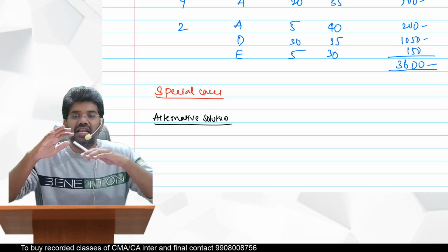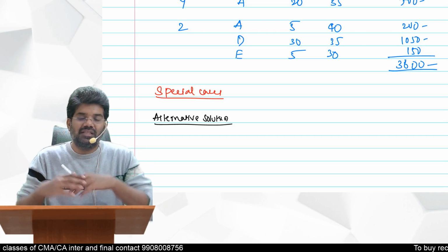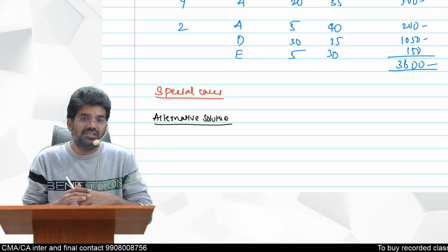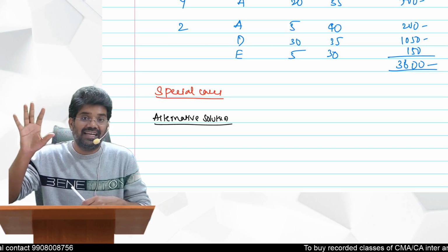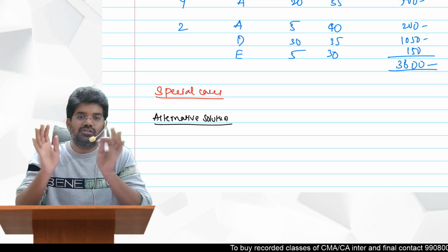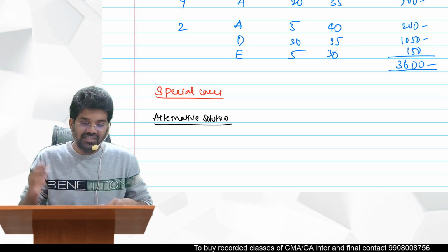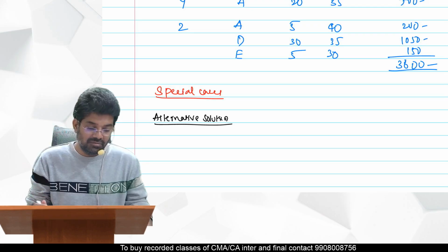That means there is another way to distribute the quantities, but that does not change your cost. That is what 0 indicates. When the change value is exactly 0, not negative, even if you change, the overall cost will not change. That is the reason we wrote either 0 or positive, then it is an optimum solution only.